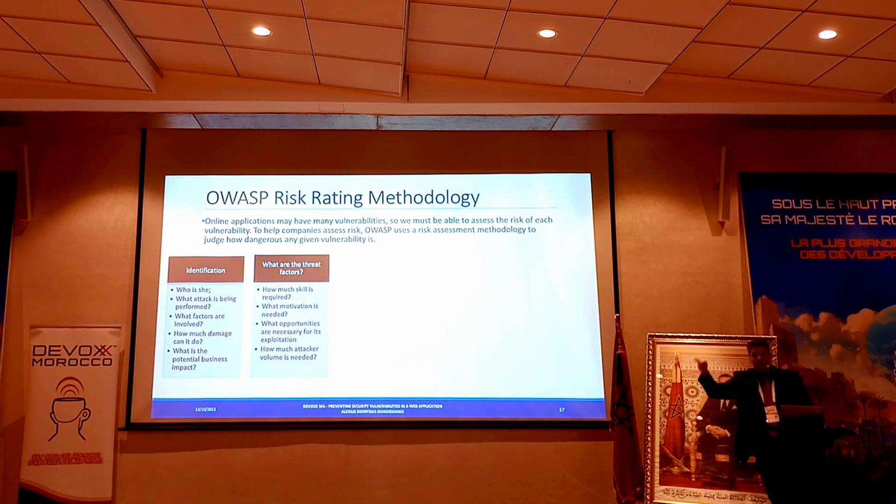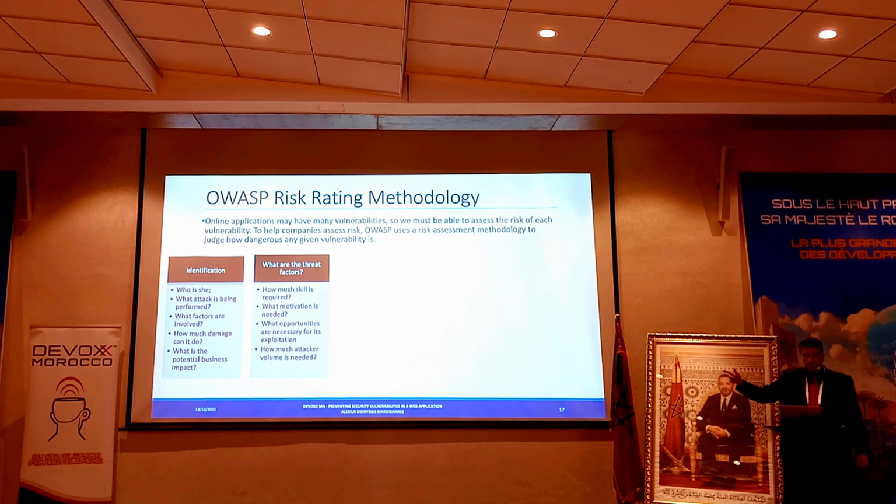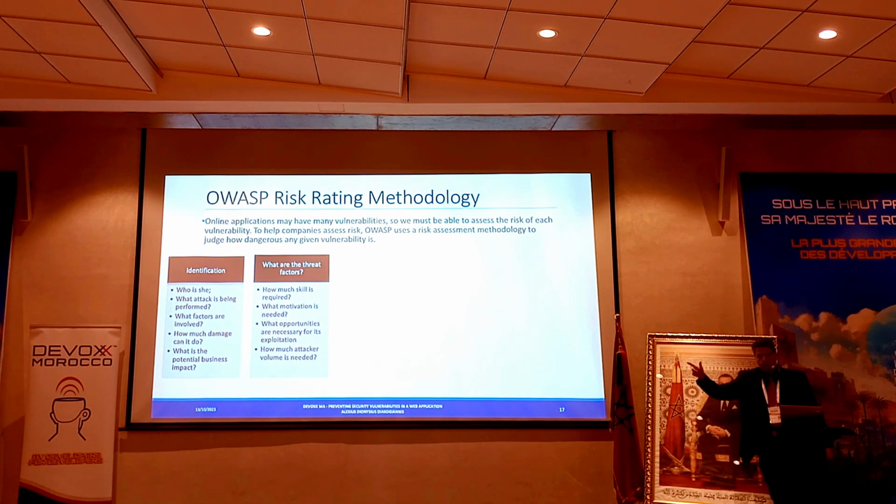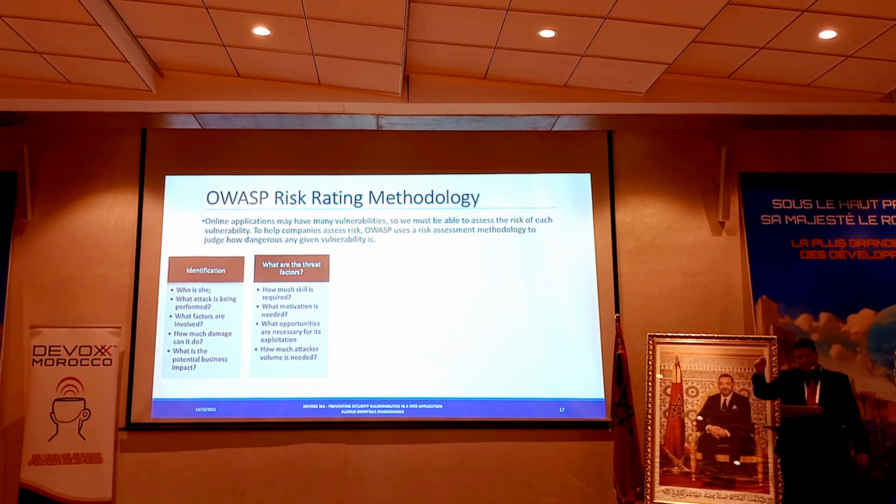For example, if in order to be able to perform a DOS attack, I need 1 million workstations, it means that I need 10 bitcoins to do it, which means that I need a lot of money. So maybe the potential of this to happen is lower than expected.